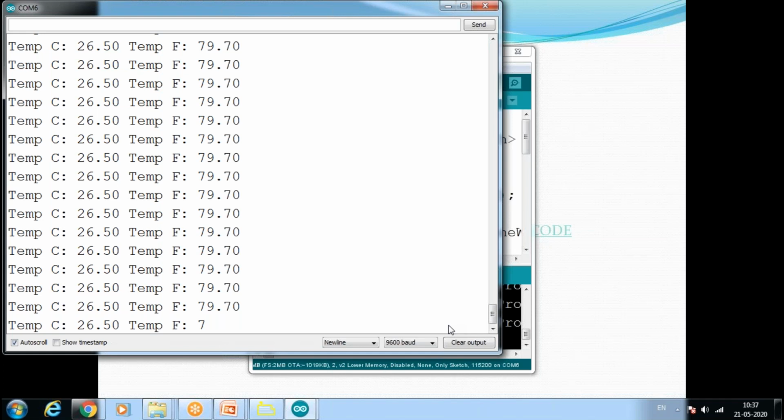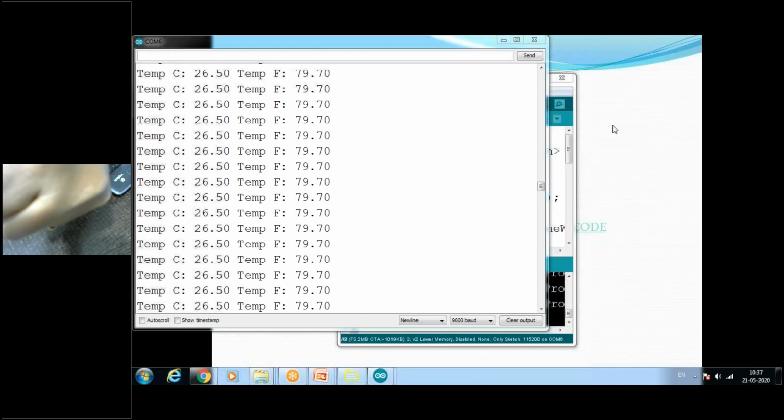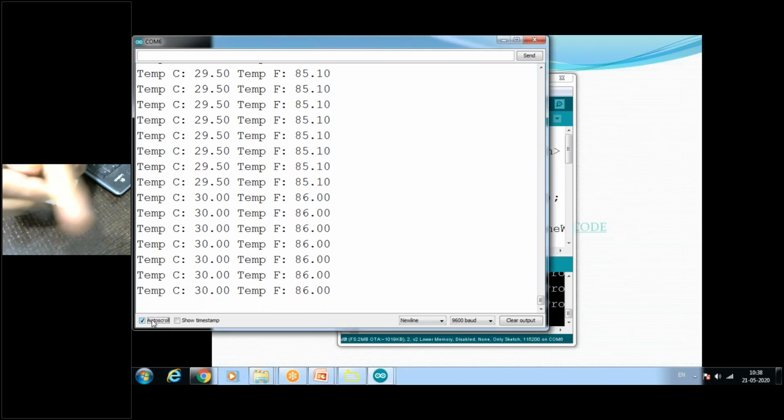Now look, it is showing 26 degrees centigrade, that is 79.70 Fahrenheit. Now, if I hold this sensor, this is the sensor, DS18B20.